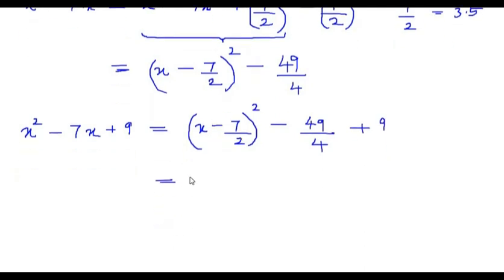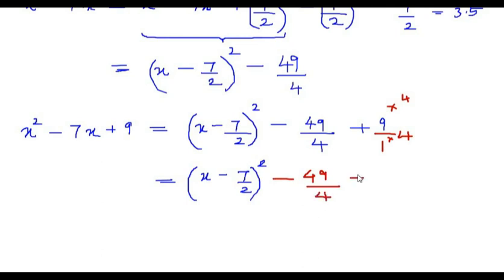Now the first term will be staying the same, x minus 7 over 2 the whole squared. Now to solve this, I'm going to use the LCM method. So this becomes 9 over 1. So I multiply this with 4 and here also with 4. So I get it as minus 49 over 4 plus 9 times 4 is 36 over 4.